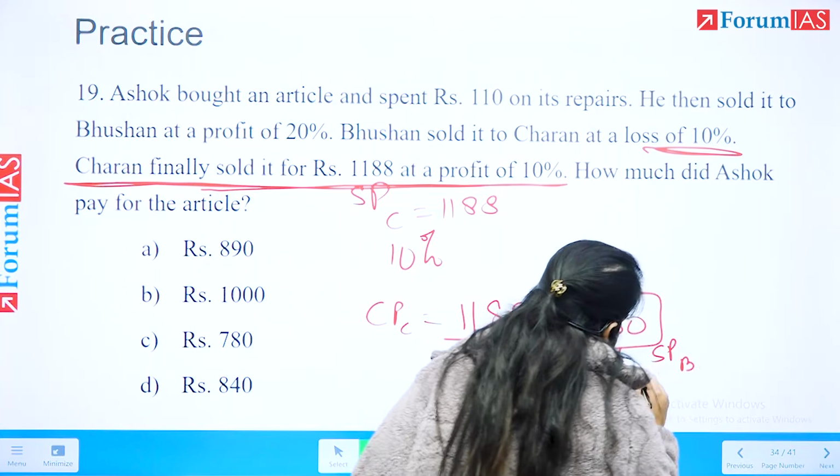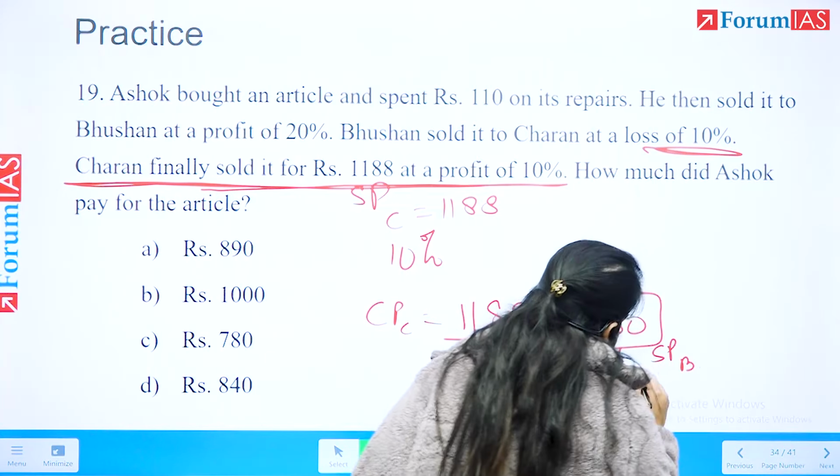So selling price of Charan, 10% profit. Cost price of Charan is 1080. 1080 जितने में Charan ने खरीदा उतने में Bhushan is selling it. So what is the selling price of Bhushan? 1080. But it has been sold at a loss of 10%. So what is the cost price for Bhushan? 1080 divided by 0.9, which is equal to 1200. Now the cost price for Bhushan is the selling price for Ashok.